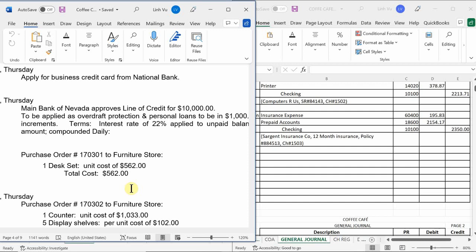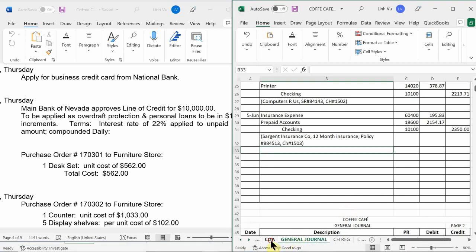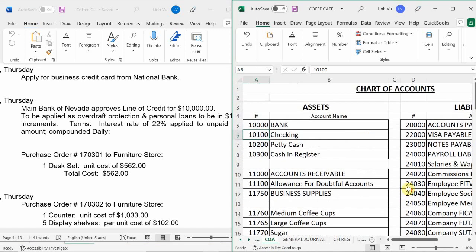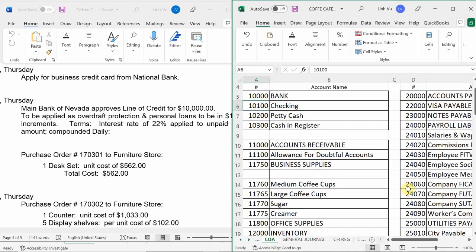How do I record a purchase order? Purchase order. Do we have a purchase order account? I'm not sure. You can check your chart of accounts. Do I have a purchase order account?